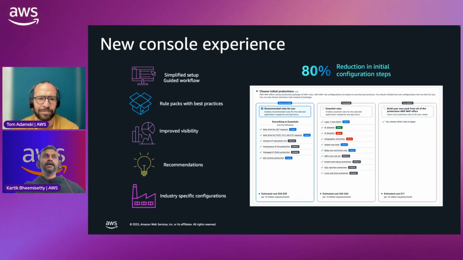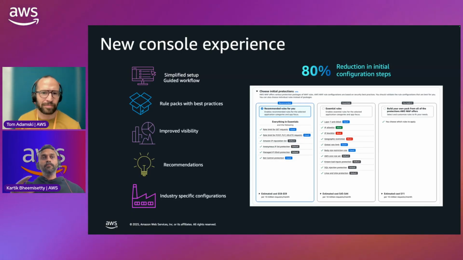It's quicker to apply WAF into your production, and it provides rule packs with best practices. We call it the production pack. If anyone used the AWS WAF CLI, it's still the same functionality, but the console experience is much better for configuring WAF.